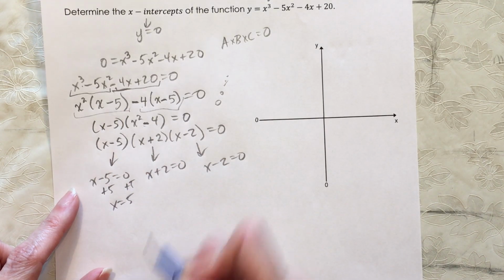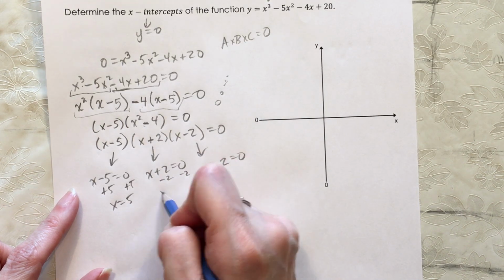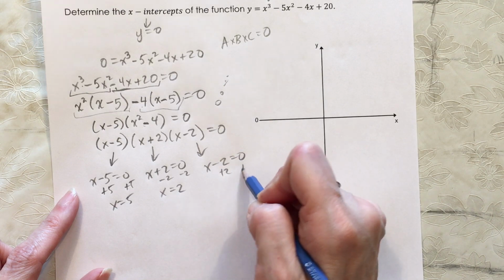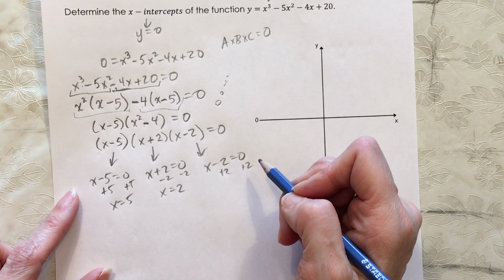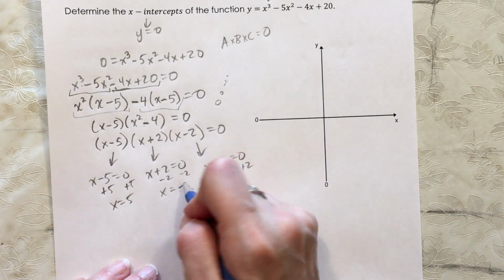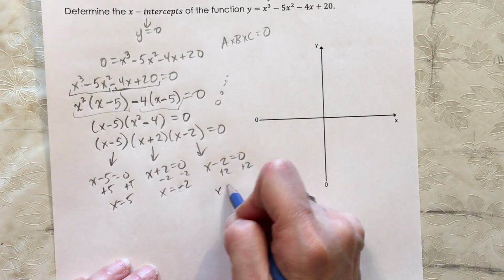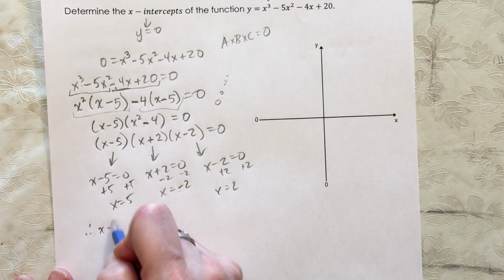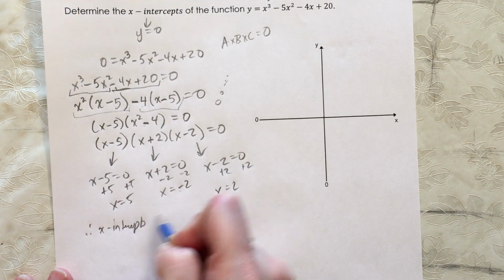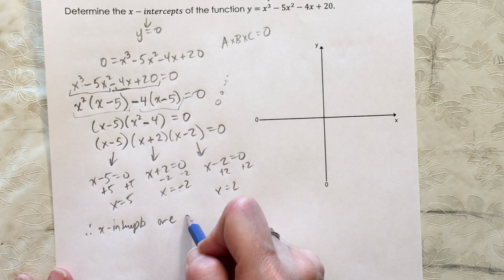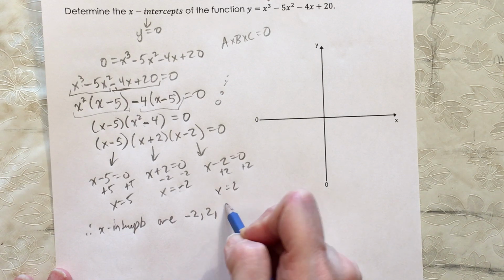So we have x equals 5, x equals 2, oh, x equals negative 2, my bad here, and x equals positive 2. So therefore the x-intercepts, or zeros, are negative 2, 2, and 5.